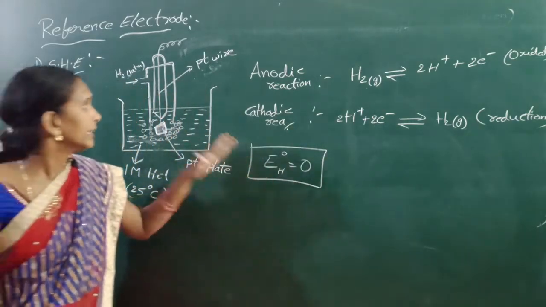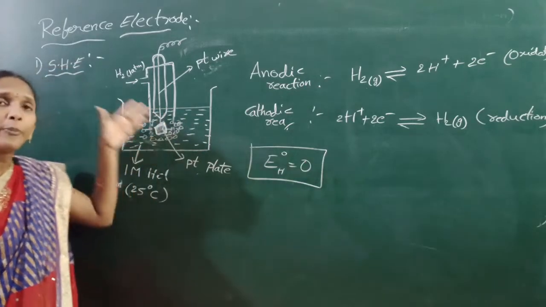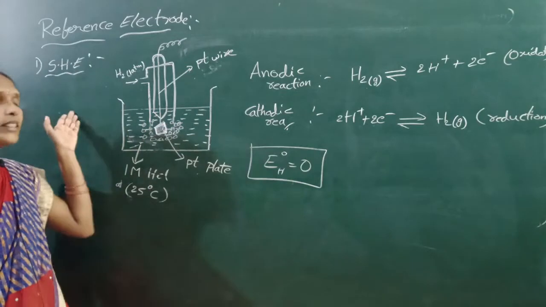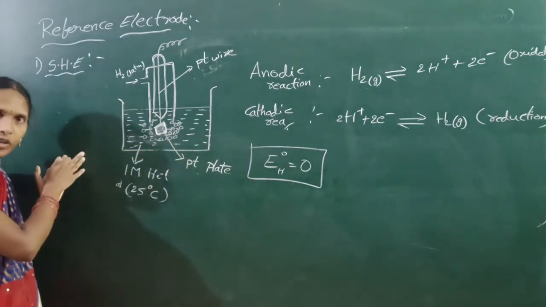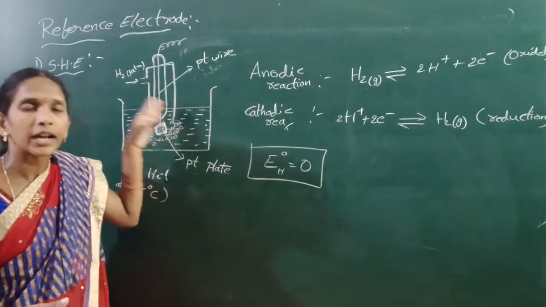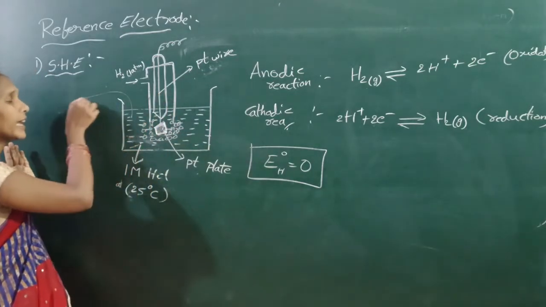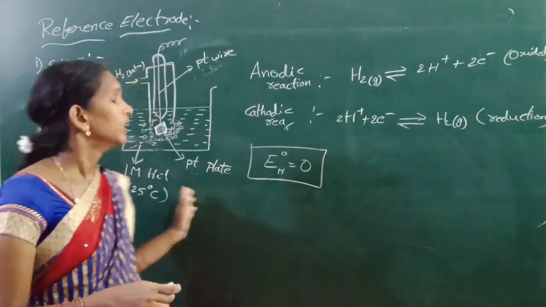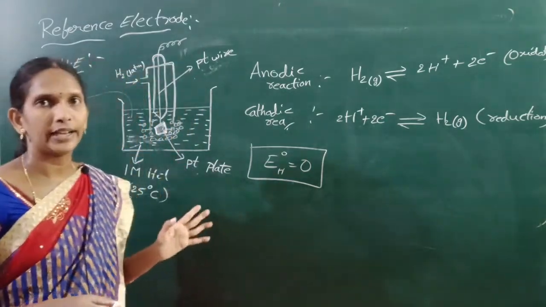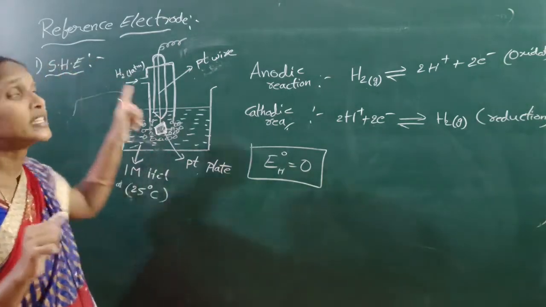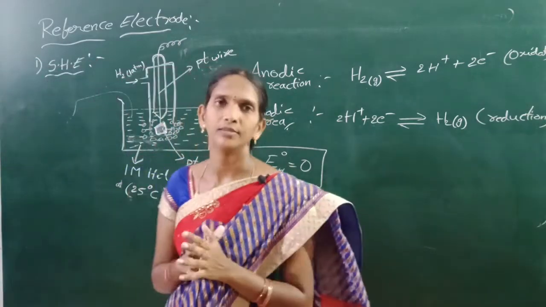Then this electrode is coupled with another single electrode, as we already discussed. Then the potential is calculated, and that potential is the single electrode potential.